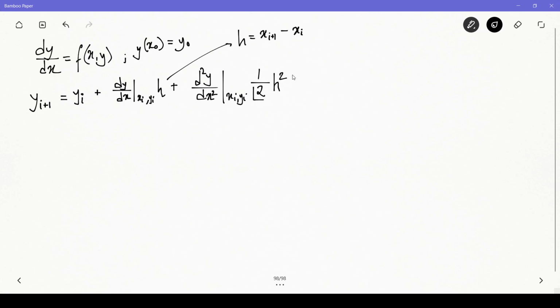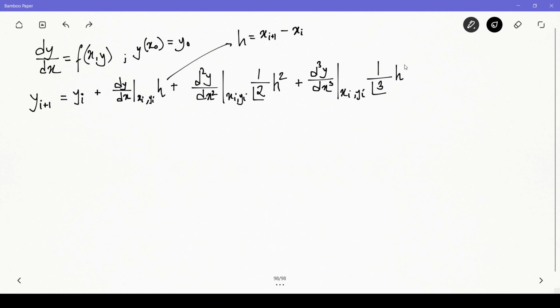And the fourth term we have is the third order derivative: d cube y by dx cube at the point (xi, yi), times 1 by 3 factorial h cube.